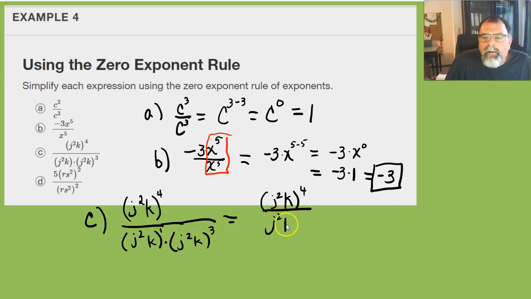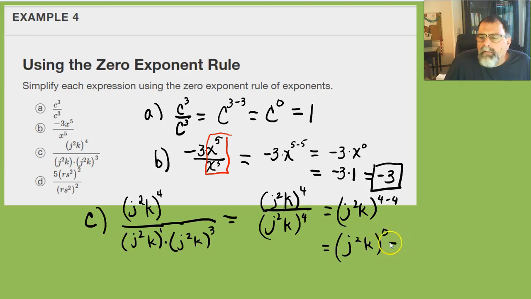So j squared k to the 4th. And then 4 minus 4, j squared k to the 4 minus 4 would be j squared k to the 0. And once you get the hang of this, you don't have to show all these steps. You can pretty much think about it in your head. Oh yeah, that's going to be 4 over 4, and then 4 minus 4 is 0. So pretty much once you get the hang of this, you can probably not even show any work on that problem.